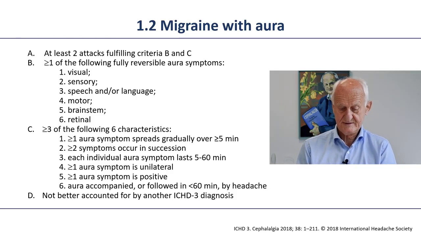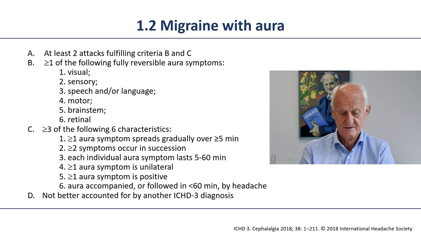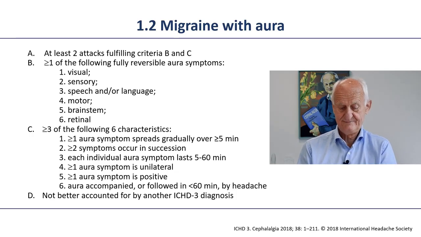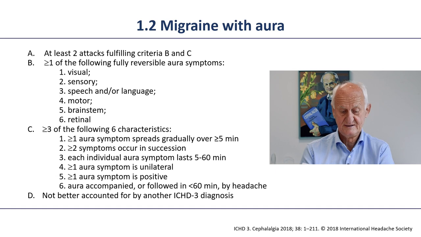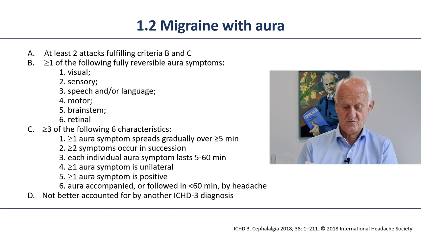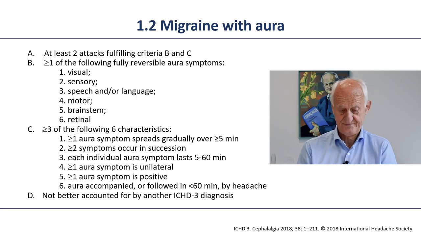1 aura symptom, or more, should spread gradually over more than or equal to 5 minutes. 2 symptoms or more should occur in succession, not at the same time. Each individual aura symptom should last 5 to 60 minutes. More than or equal to 1 aura symptom is unilateral, and 1 or more is positive.